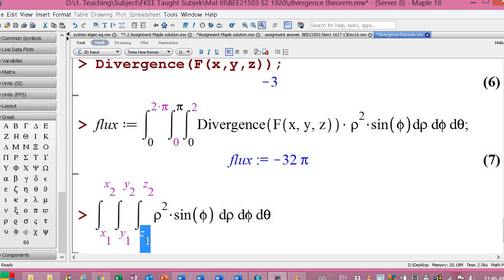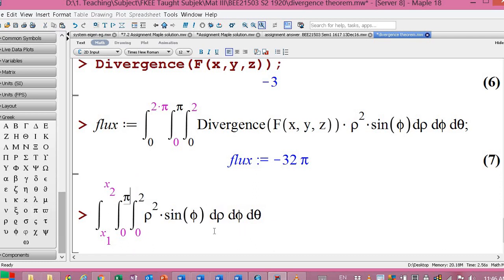Limit of rho: since it is a sphere with radius 2 units, 0 to 2. Phi, since it is a full sphere, you measure it from the top of your sphere, which is 0, until the bottom, which is pi. Theta, you rotate horizontally across your sphere, which is one cycle, 0 to 2 pi.